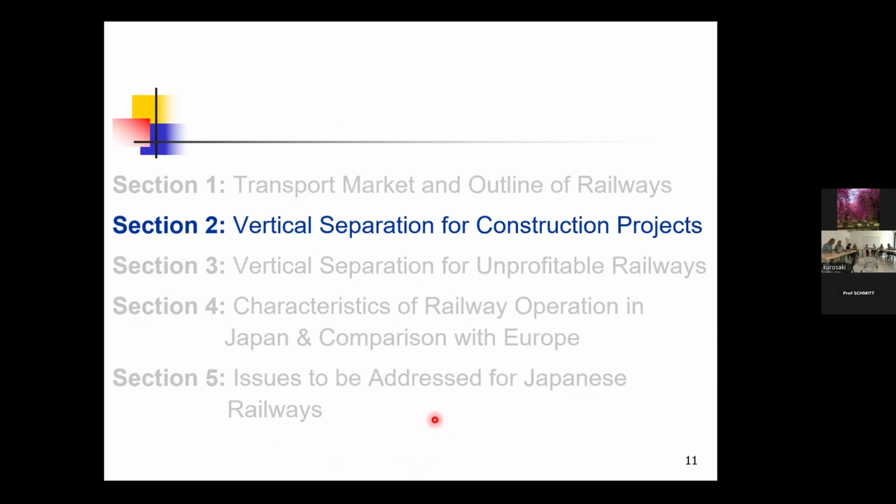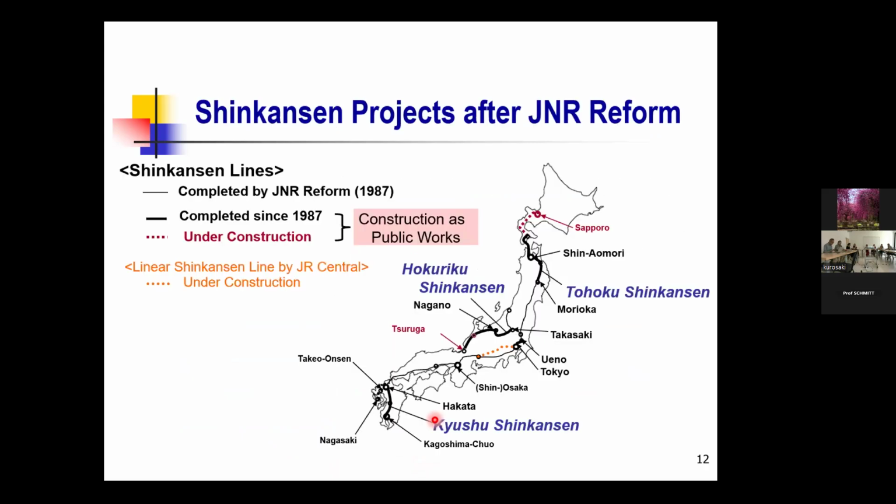In this section, I will explain vertical separation, that is financial support for construction projects. This slide shows Shinkansen high-speed railway project after JNR reform.